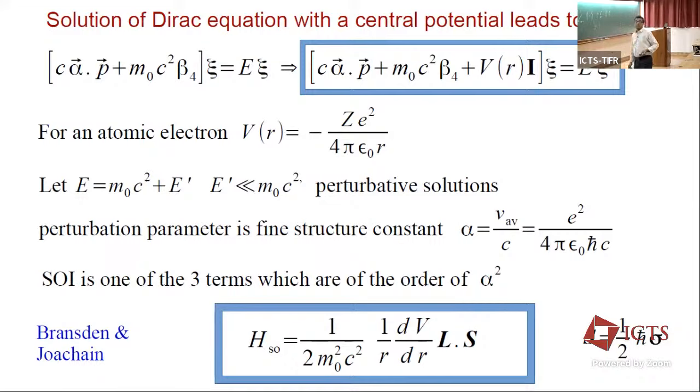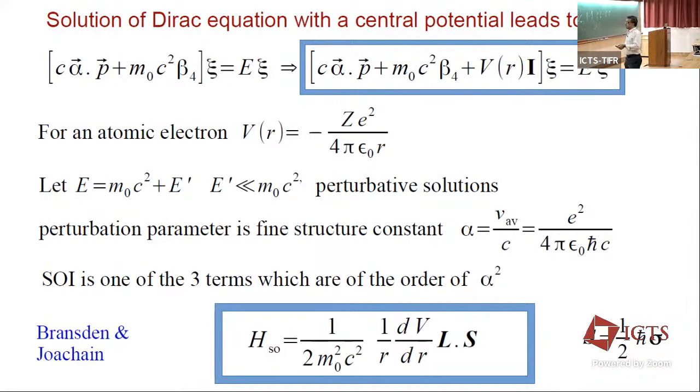Because alpha square is of the order of 10 to the power -4, it is really quite small. So you can cut it at first order perturbation. That's why entire atomic physics is built mostly on first order perturbation. Okay. So you get three terms: the spin orbit term, the Darwin term, and the correction to the kinetic energy of the electron.